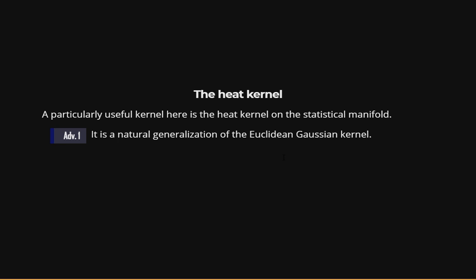So it turned out to be a winning choice to apply the heat kernel to these kinds of problems. Why? Well, it's the natural generalization of the Gaussian kernel in Euclidean space, which is what the Mercer kernels are based on.